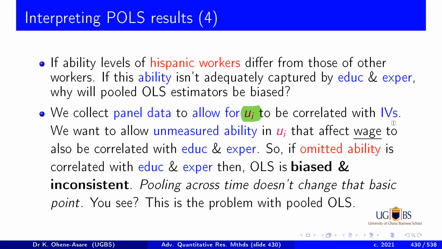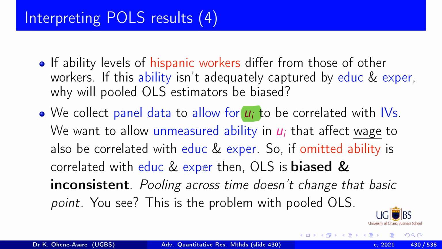That's the idea when we are collecting data. And we want that unmeasured ability, which is inside the error term, to affect the wage. Because you can't say that it's only the education. Meanwhile, in the education there is an exogenous part and an endogenous part. You have to disentangle the exogenous from the endogenous part, so that you know what is truly affecting the wage.